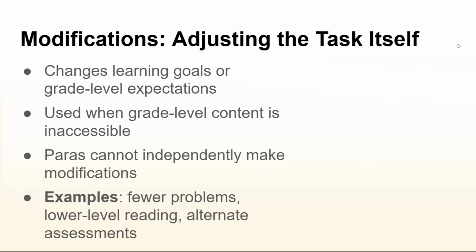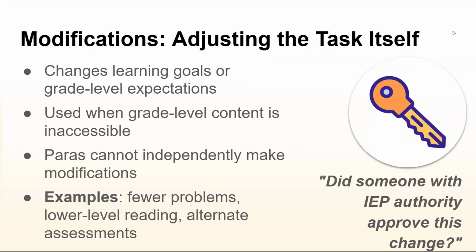Again, another thing I did a lot with students in my inclusive science classroom at times. Caution though, we want to make sure we don't overuse modifications because they may limit grade level opportunities for our students. So we want to use those very intentionally and sparingly. So the key question for modifications is, did someone with IEP authority approve this change or the use of this modification?